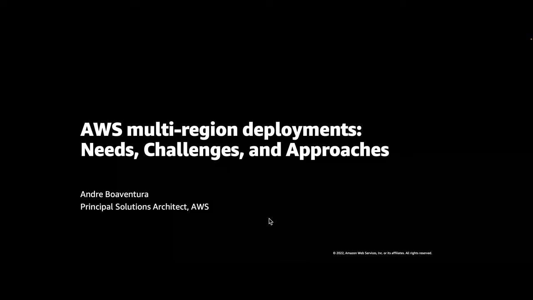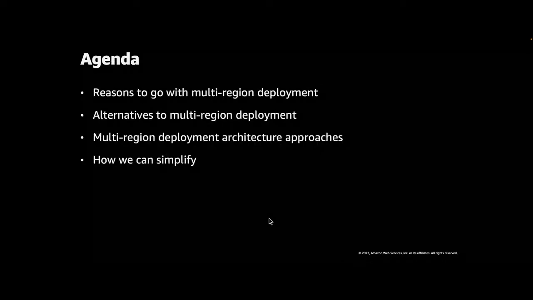So I wanted to walk you through some of the key areas you need to consider when you are developing and building a multi-region with AWS, right? So the agenda is going to be the following. I wanted to walk you through the reasons to go with multi-region deployment, and why not to pick this approach depending on a few requirements that I'm going to be explaining to you in a few minutes.